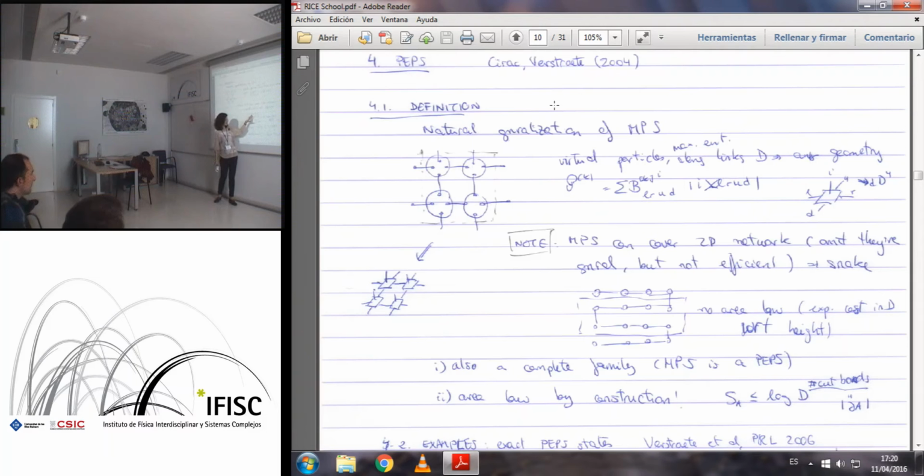Well, if this state has an area law, it means that when you truncate, for instance, here or here, the upper part with respect to the lower part, we will have an entanglement which is upper bounded by the size of the boundary, which is in this case the number of sites, right?